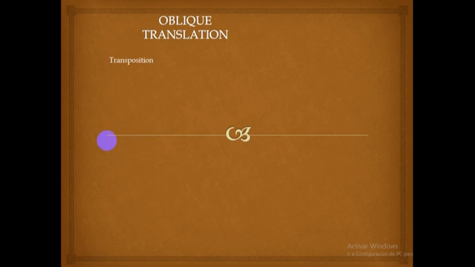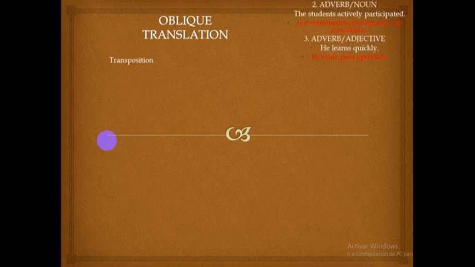Transposition says that in this technique, the different parts of speech play an important role. In other words, if you use this technique, you have to change the word class that you use, but you don't have to change the meaning.